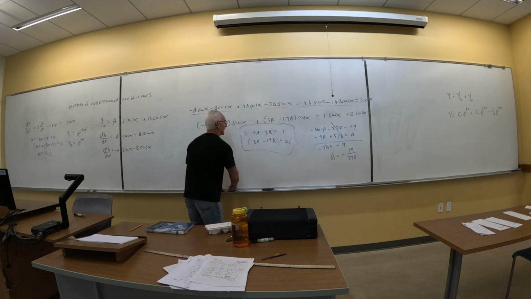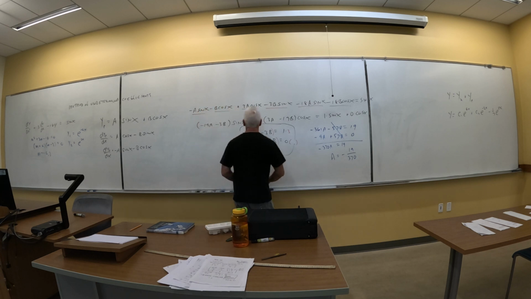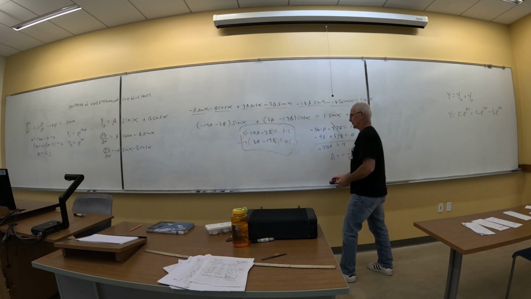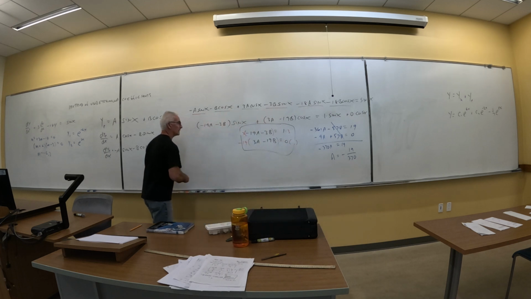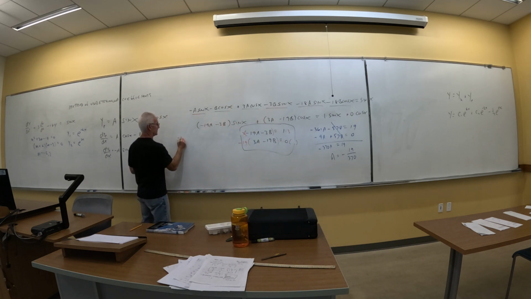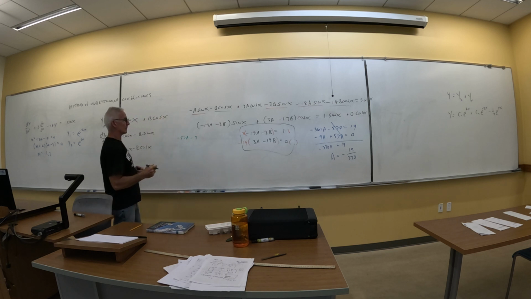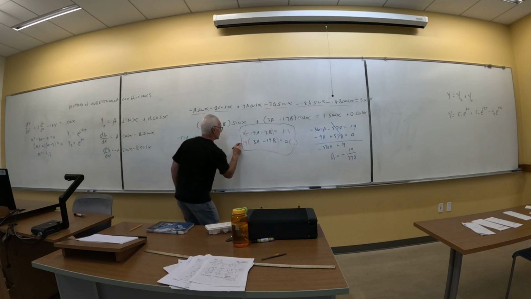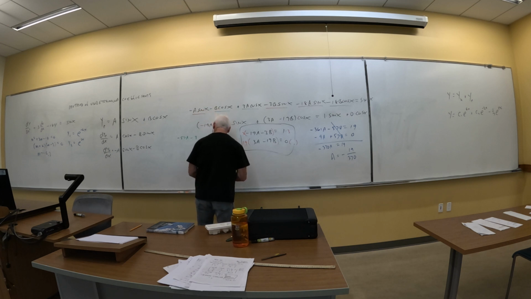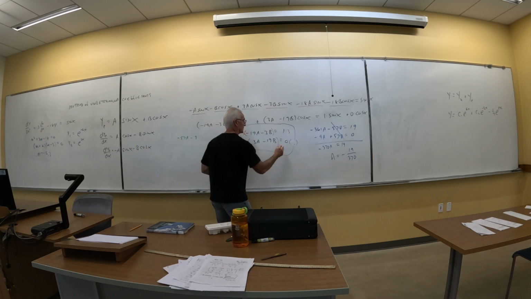So now I want to get rid of the a. So if I multiply this equation by 3, then I'm multiplying this equation by negative 19, just like the other side. So now I have negative 57a. Wait, did I need negative? Those ones are opposite signs. Oh, positive. Thank you. Yeah, that should be a positive. Good catch.